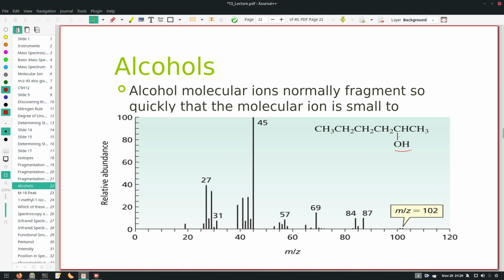Basically, what happens is we denature that. It comes off so easily, and it leaves as water to help stabilize the molecule, that the parent is pretty much never present for an alcohol. The parent is almost always M-18, which is what that is right there.